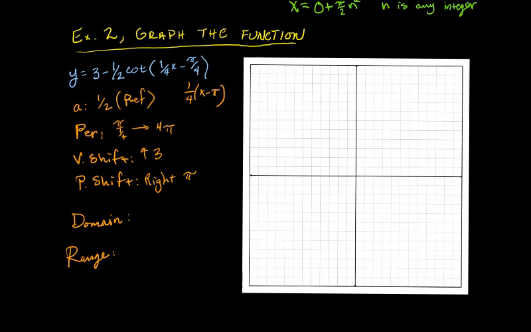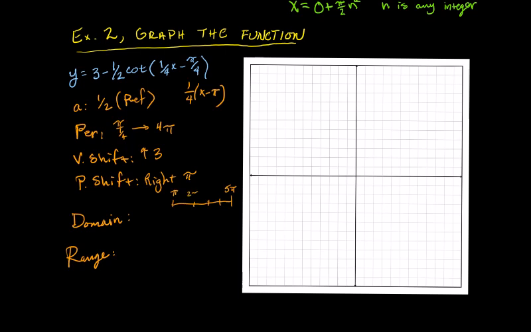So if we make a quick x-axis, since it's cotangent, it normally would start at 0, so now it's going to start at positive pi. And then the period is 4 pi, so we add that, and that's going to be 5 pi. And our notches should go by pi. So this is wonderful, significantly easier, right?